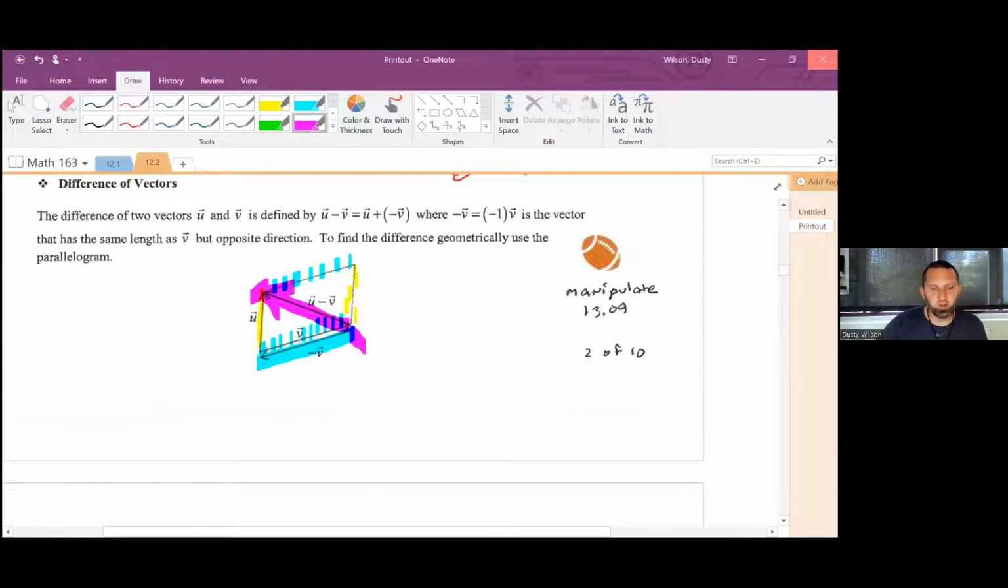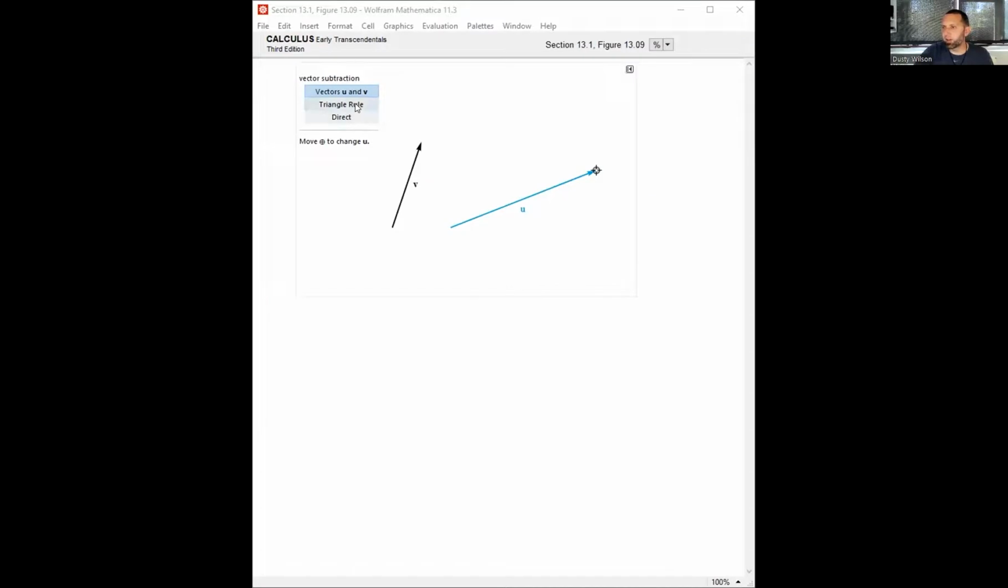Once again, let me show you an animation with this. If I want to find subtraction using the triangle rule, you could start with your u, go along your u, and then I could tag on a negative v. So notice my v is going in the opposite direction as the v that's given. So negative v, opposite direction of v. So u plus negative v.